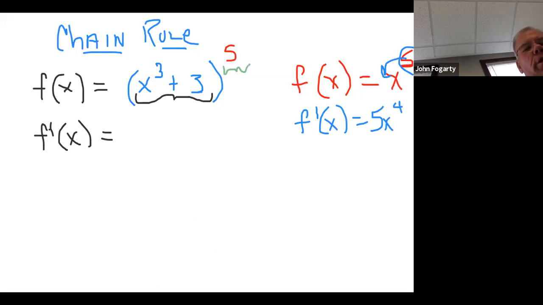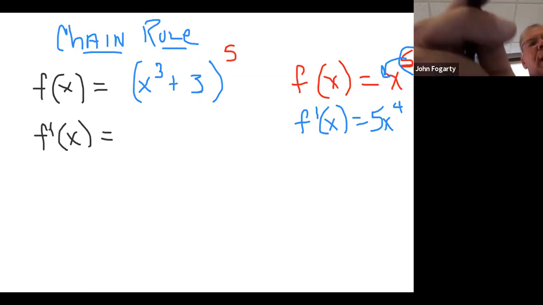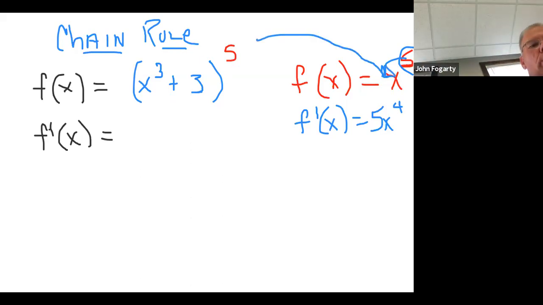So all I'm gonna do in the chain rule is do the two things, but I'm gonna do them in such a way where I start with the outer and go to the inner. So I'm just going to treat this 5 and this bracket just like that x. So all I'm going to do is take the 5 and bring it out front.